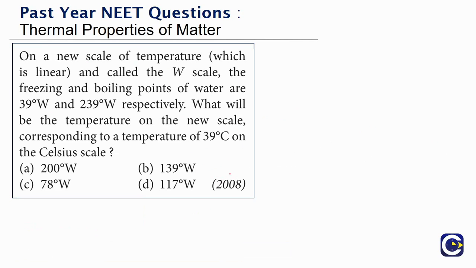Next we have a question based on temperature conversion. On a new scale of temperature, which is linear, because all the scales, the Kelvin scale, Fahrenheit scale, Celsius scale, all of them we call linear scales, the freezing and boiling points of water are 39 and 239.